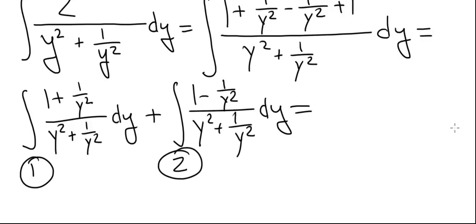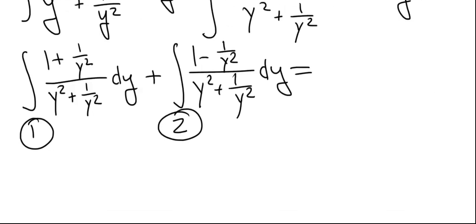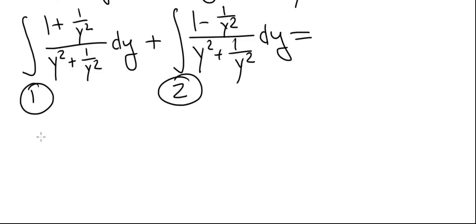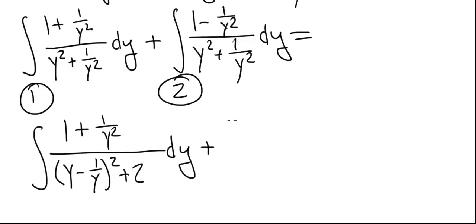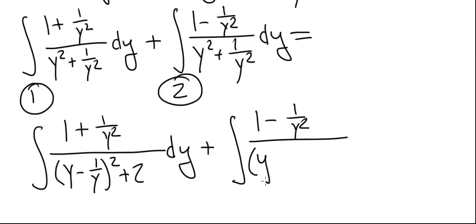In integral 1, we're going to express y squared plus 1 over y squared as, so the numerator is 1 plus 1 over y squared. The denominator will write this as y minus 1 over y squared plus 2. And then we'll do the second thing for the second integral, 1 minus 1 over y squared divided by y plus 1 over y squared minus 2.